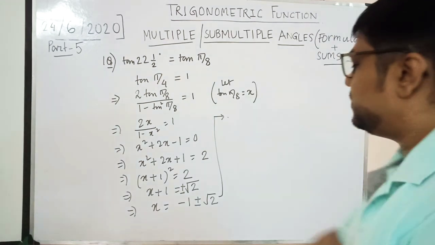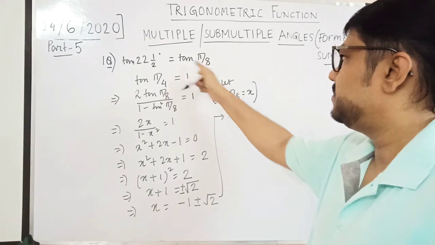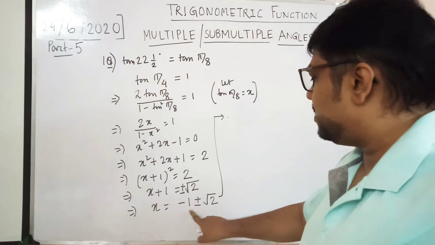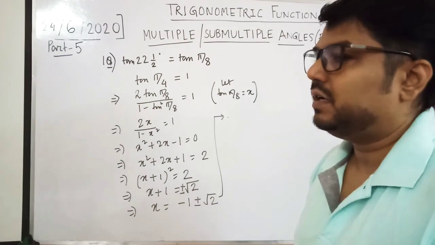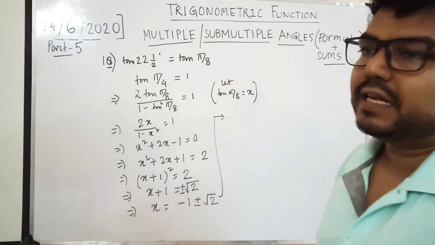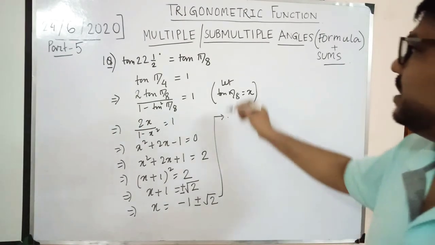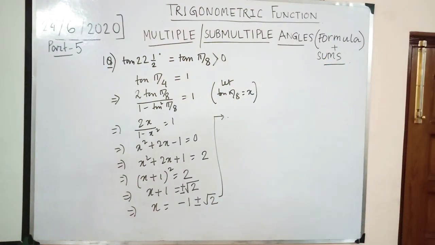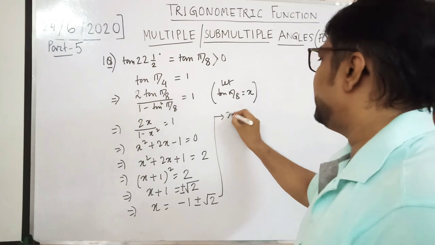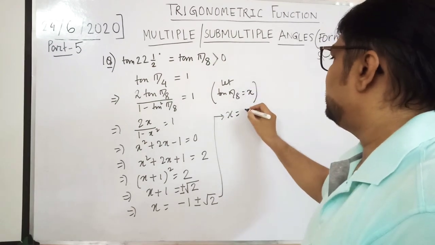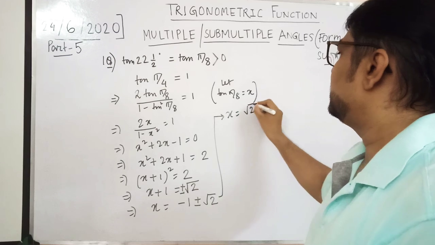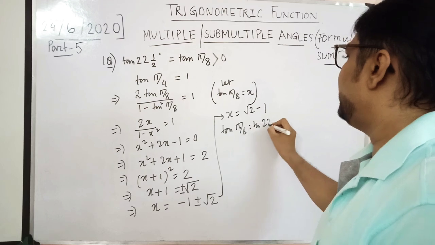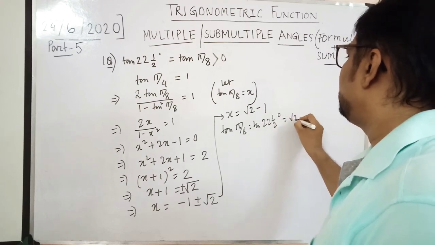That means x is tan pi by 8, which is tan 22.5 degrees. Here you see we have to discard the minus one, because minus root 2 minus 1 will turn this value negative, and that is not possible. Why not possible? Because we know that tan pi by 8 will be positive, since this is in the first quadrant. So x will be equal to root 2 minus 1. That means tan pi by 8, which is tan 22.5 degrees, the value will be root 2 minus 1.